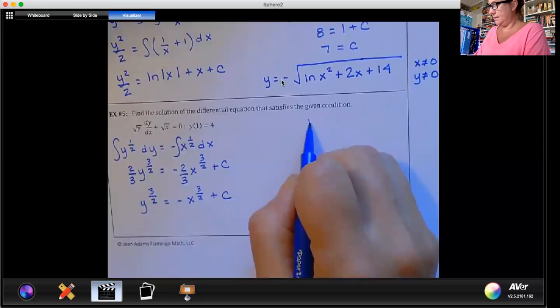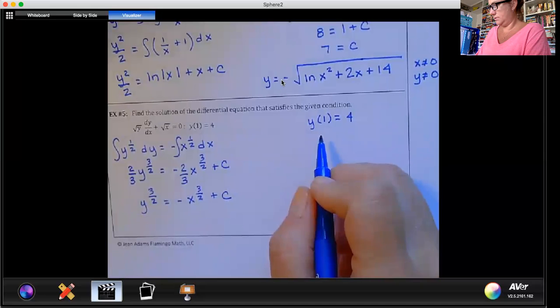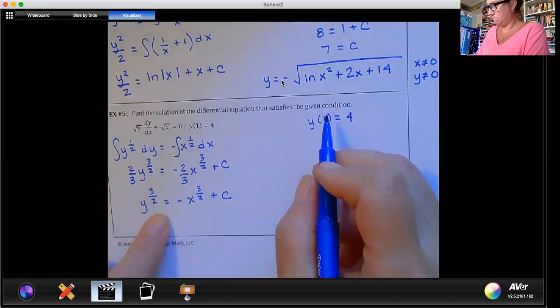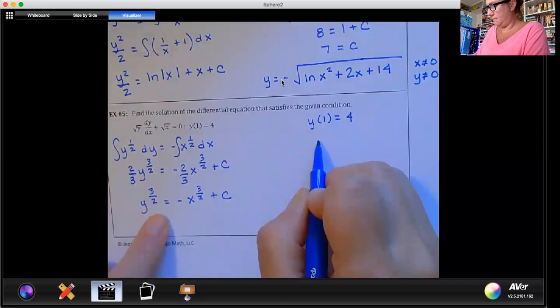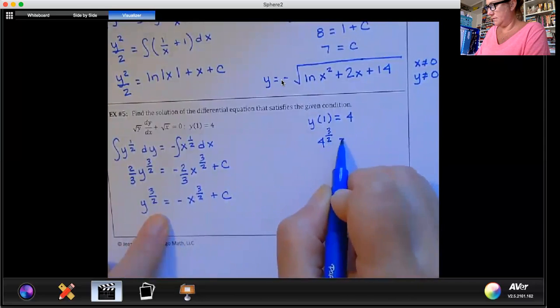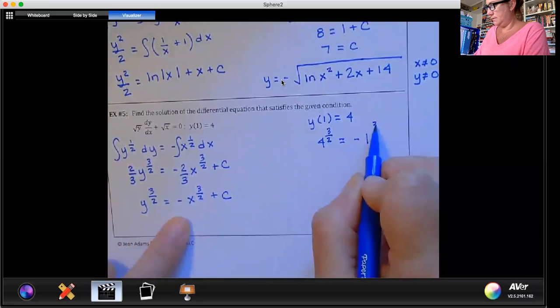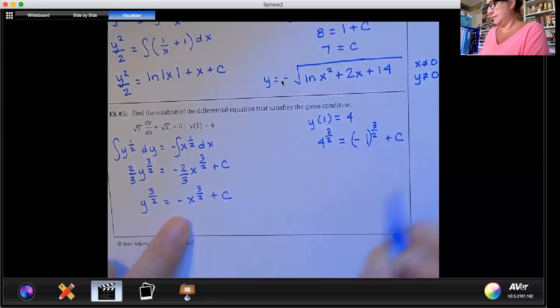So we're going to find c with y of 1 equals 4. So we have 4 to the 3/2 equals negative 1 to the 3/2 plus c.